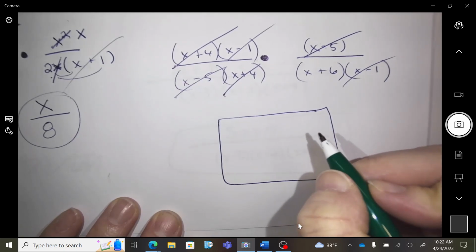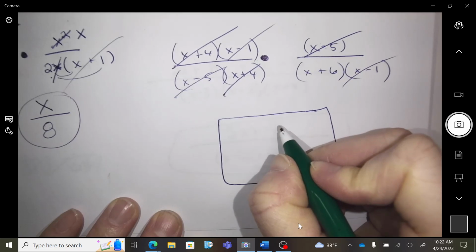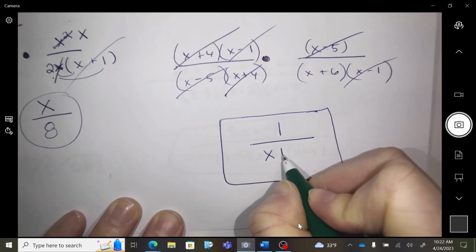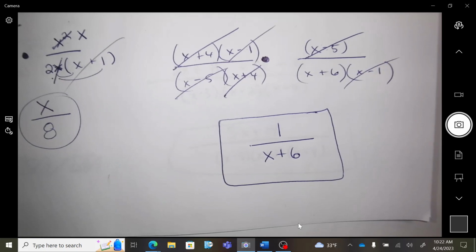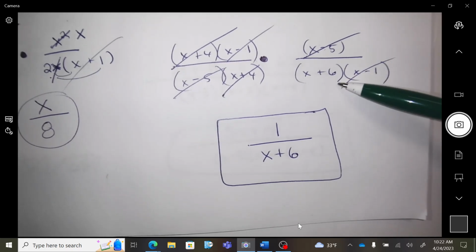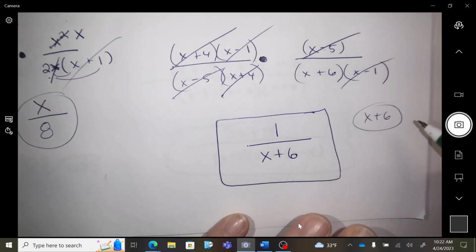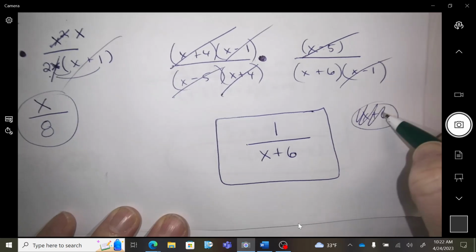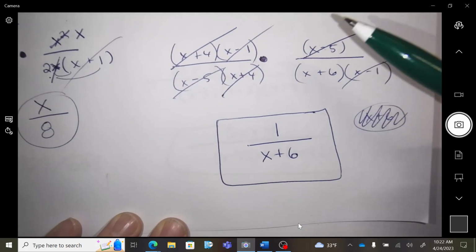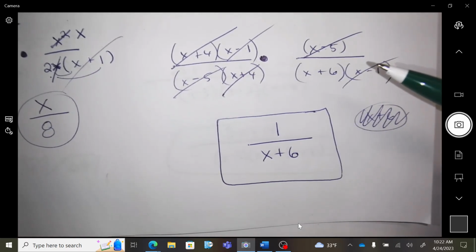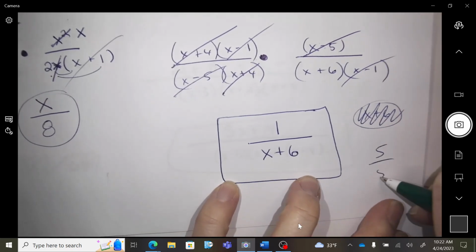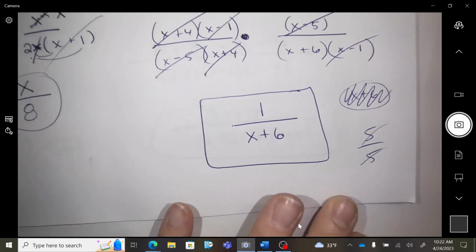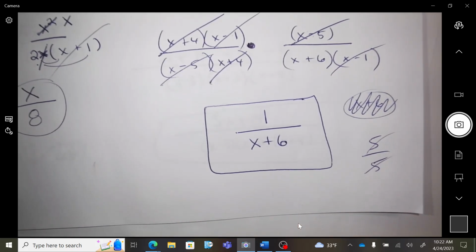Is it 0 or 1 when something cancels? 1. So a couple things to think about is that x plus 6, I get people who write me x plus 6. That's not your answer because it's a fraction, 1 over. And I get the idea that when things cancel, people mistake it for 0. But when things cancel, as in 5 over 5, that cancels. Well, 5 over 5 is 1. Cancels make 1.